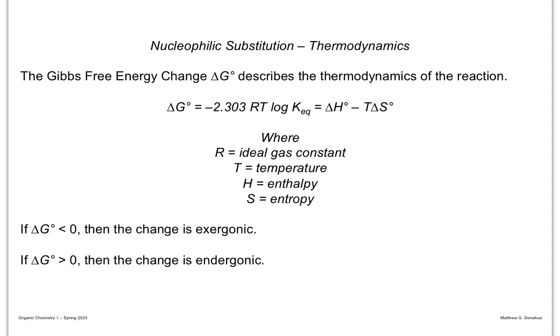In the prior discussion on radicals for bond dissociation energies, we were using enthalpy, so the H term. Overall, for a reaction, including all the factors, we use what's called Gibbs free energy change. And so that's delta G. This little degree sign means standard conditions.